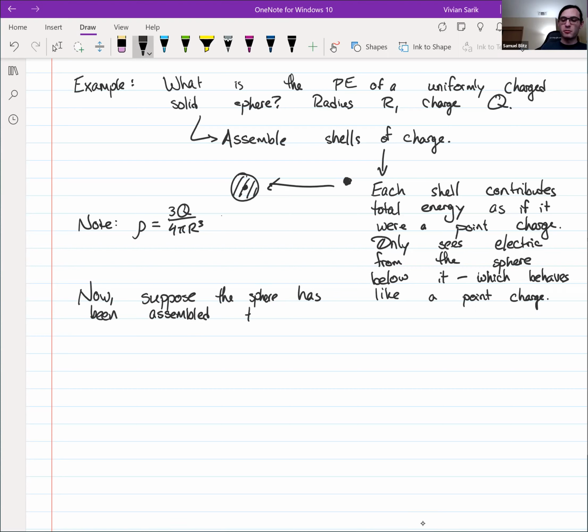So it's not done yet. We want to ask, how much energy does the next shell that adds on to that contribute? Before we can get to that question, we have to answer a slightly easier, intermediate question: how much charge would the next shell have?